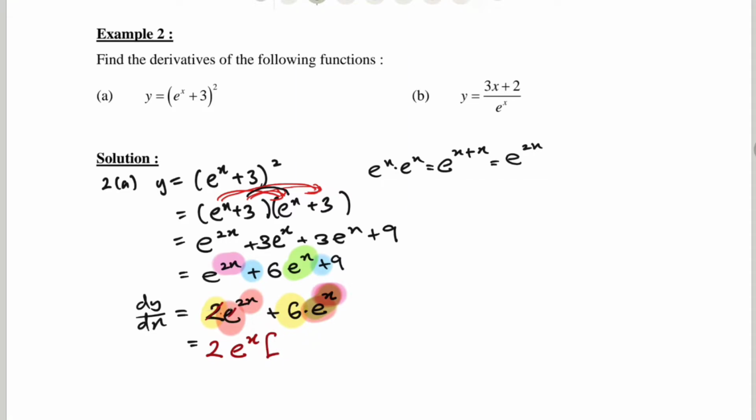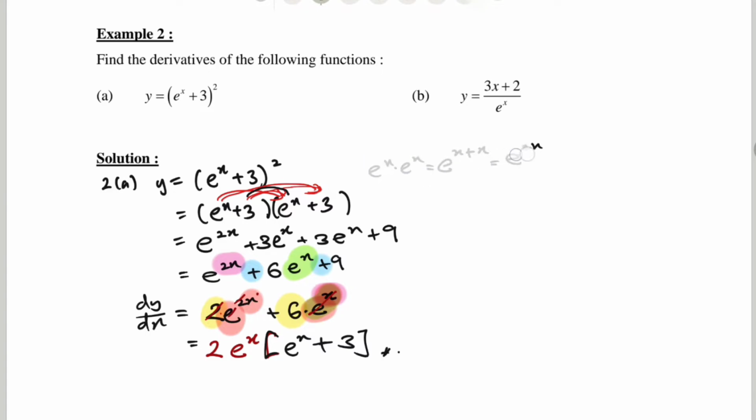What's left is, if I factorize e to the power of x, would be e to the power of x here in the first term. And then next, behind it, what's left is just 3, because 3 times 2 is 6. And that's your final answer.